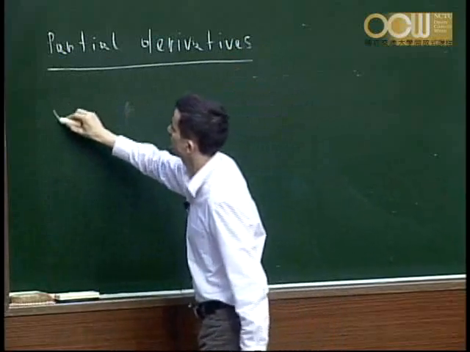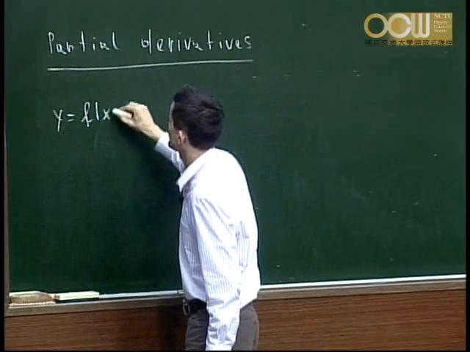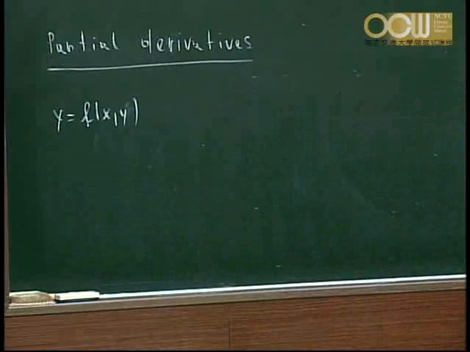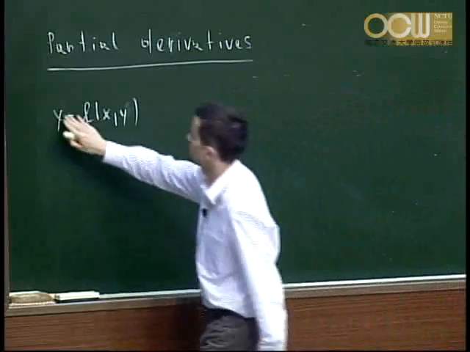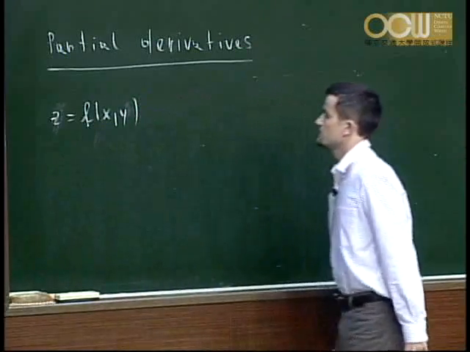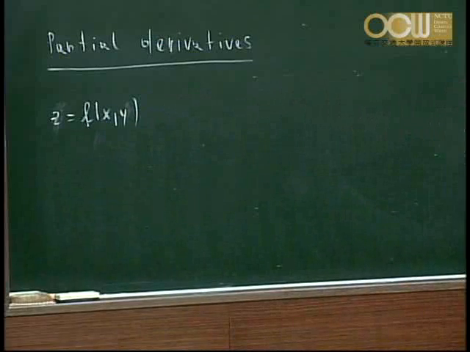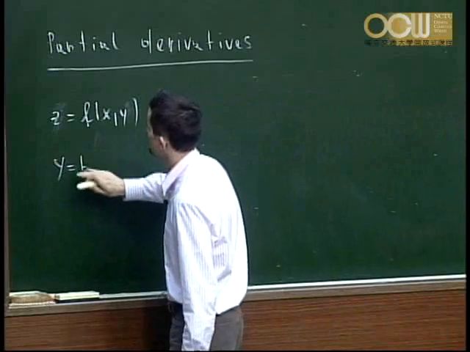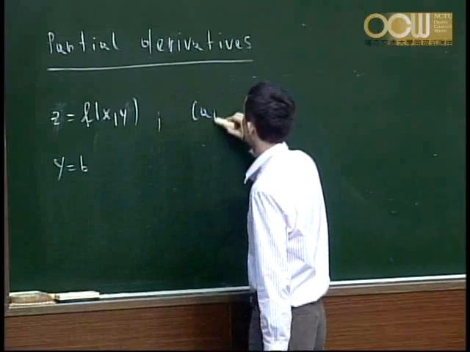Okay, so we have given, again, a function of two variables. We always start with a function of two variables and then move on to the higher dimensional case. So we have given some point a, b.